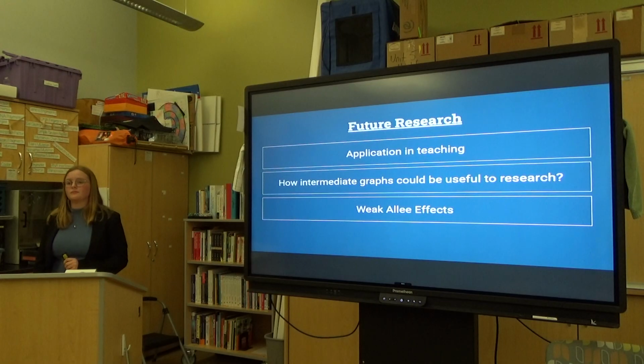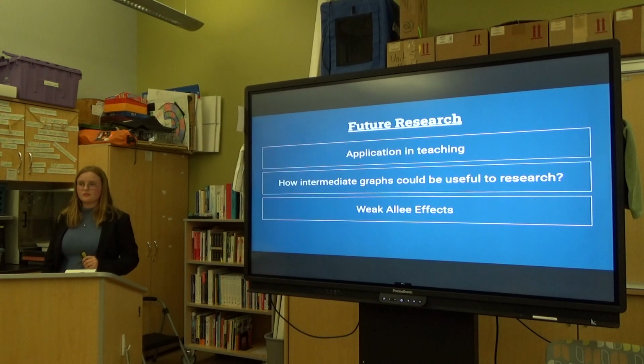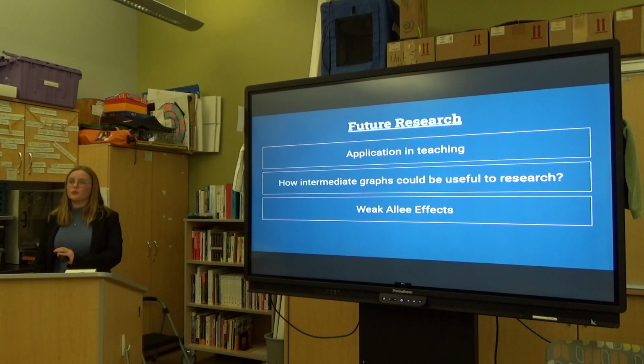How did the limitations of your method or data influence your new understanding? So some of my main limitations are that it is only applicable to strong Allee effects. That means it's not generalizable, in that when talking about my new understanding, I cannot generalize it to all of Allee effects, only to specific strong Allee effects.